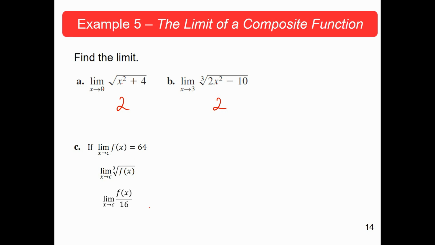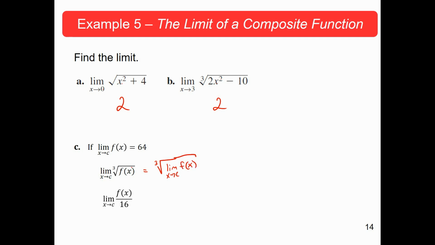Now, here's something interesting. I'm going to look at my composite function a little bit differently here. I'm going to tell you right away that the limit of f of x as x approaches c is 64. If I have this, then I know that this is equal to the cube root of the limit as x approaches c of f of x, right?